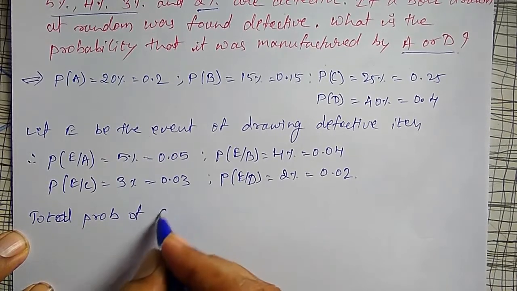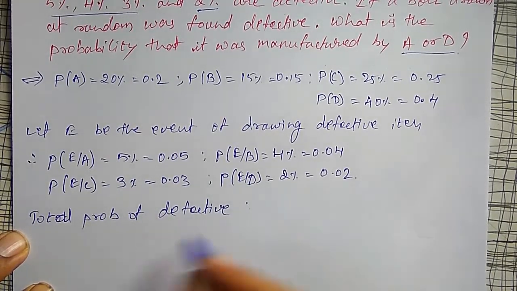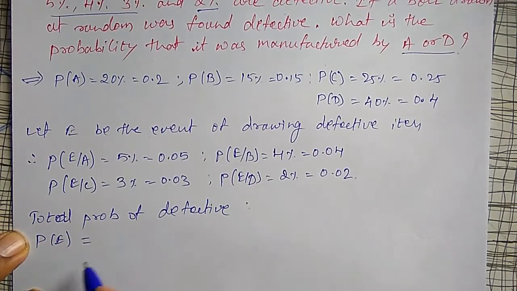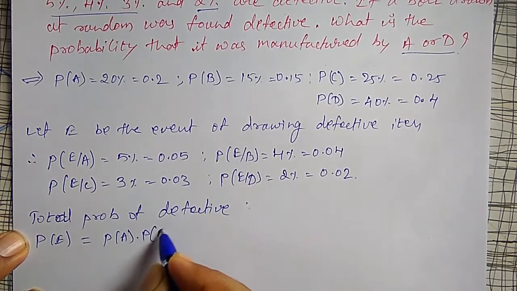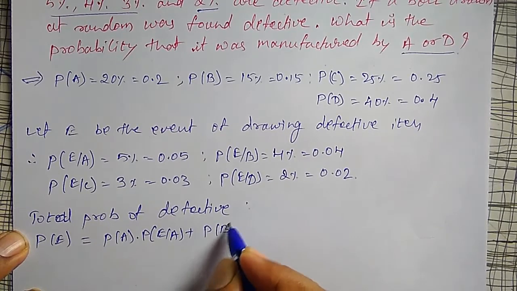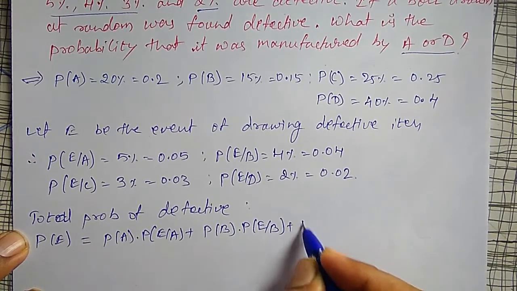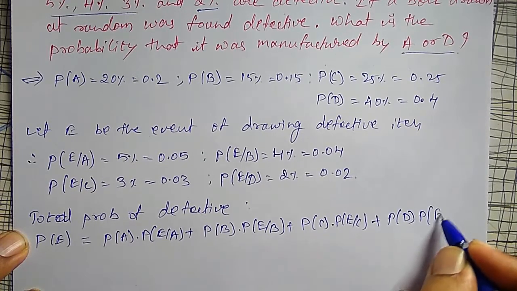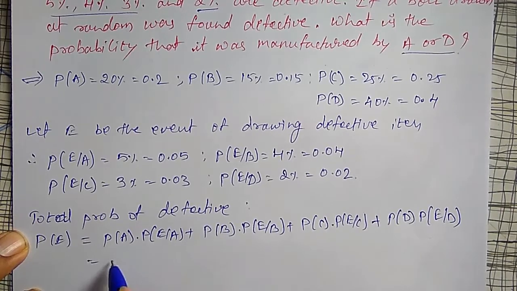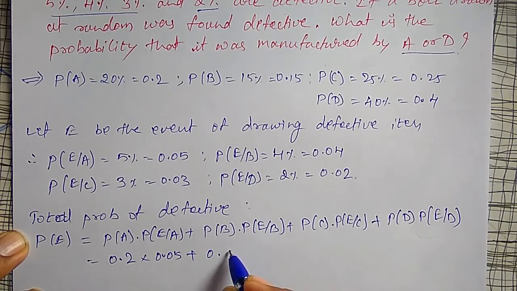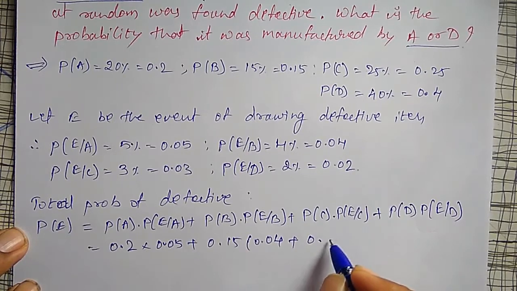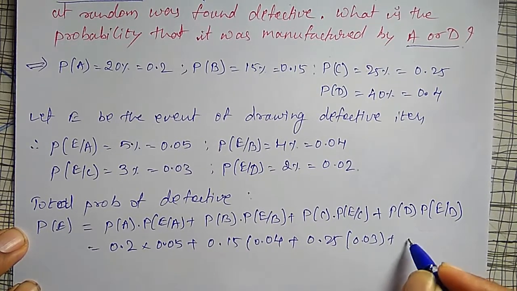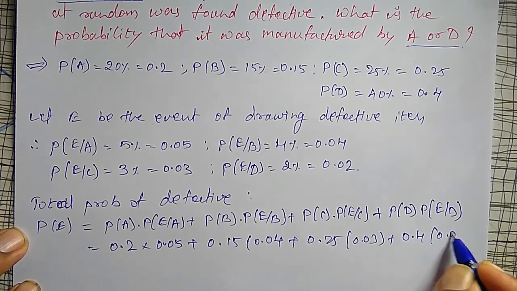Okay, for my further calculation, let me calculate the total probability of E, the total probability of defective. That is, probability of E is given by probability of A into probability of E relative to A plus probability of B into probability of E relative to B plus probability of C into probability of E relative to C plus probability of D into probability of E relative to D. Let me substitute: 0.2 into 0.05 plus 0.15 into 0.04, next 0.25 into 0.03, 0.4 into 0.02.